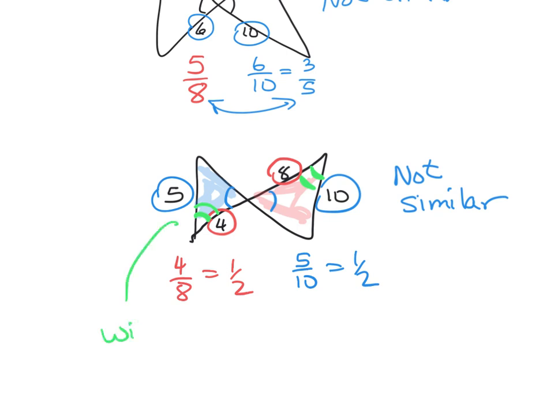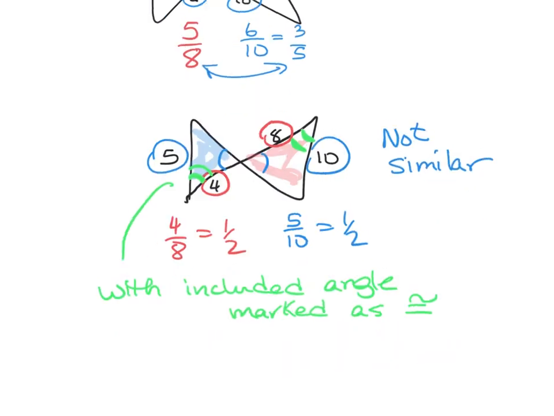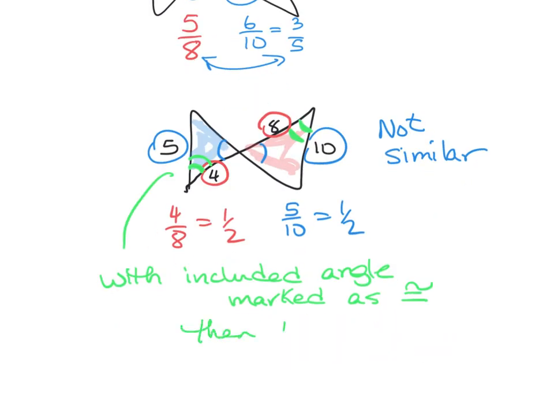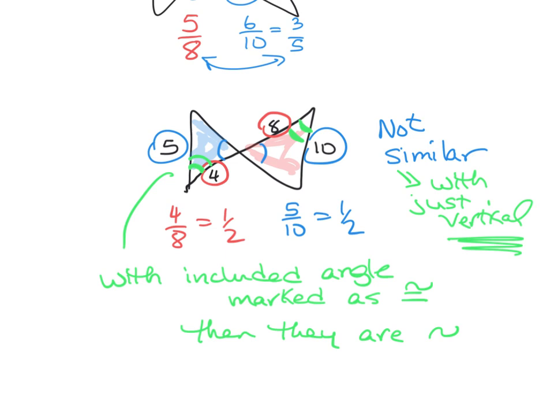So with the included angle marked as congruent, then they're similar. Okay, they're not similar with just the vertical angles and the proportional sides. Vertical angles in this particular problem is not the included angle.